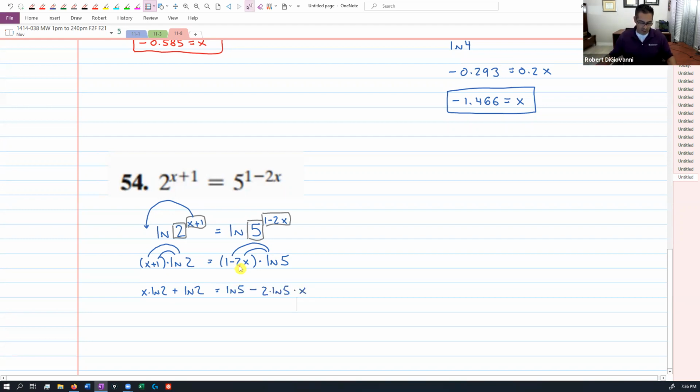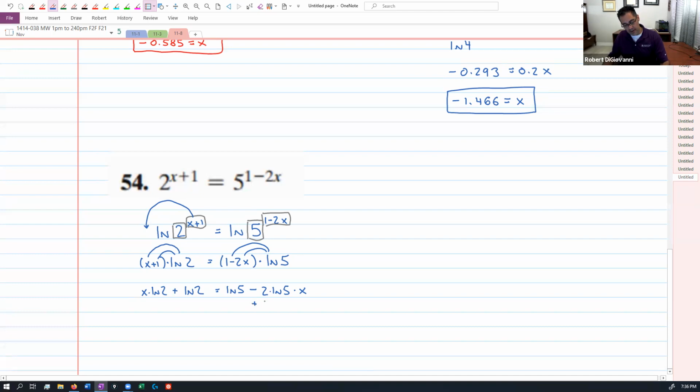All I did there was multiply the 2, the x, and the natural log of 5 together. I put the two numbers together in front of the x. On the other side, I could have put the natural log of 2 in front of the x, but it's okay. At this point, I'm going to move everything that has x to the left side, and everything that doesn't have x to the right.